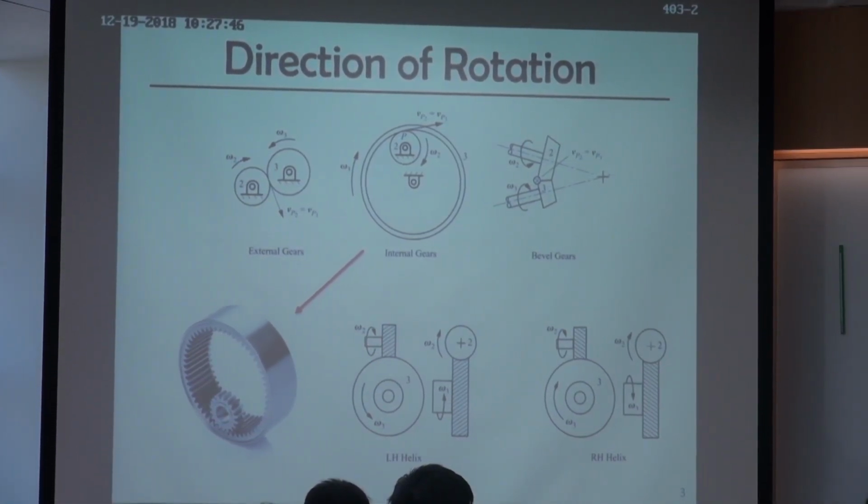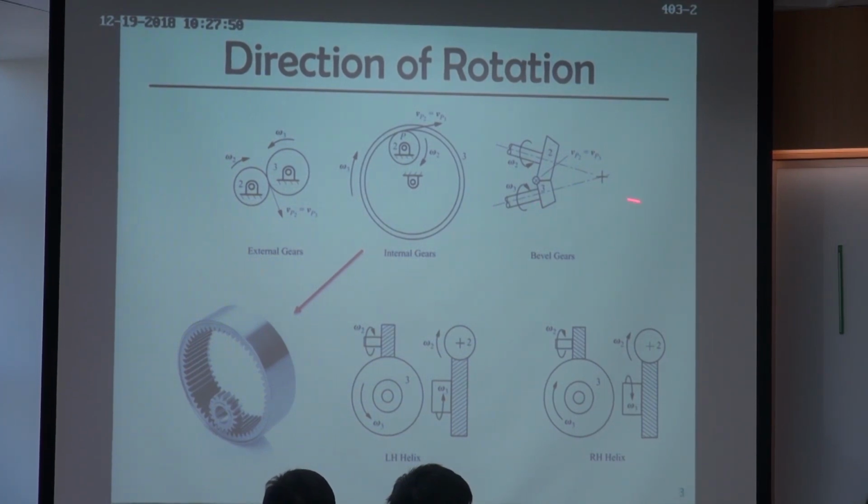And there's another type of gear, we call it bevel gears. For bevel gears, basically the calculation is the same. They contact at a certain point here, and the point with respect to link 2 or link 3 must have the same speed, so still VP2 equals VP3. But the difference for this one is we can have a certain angle between these two axes.